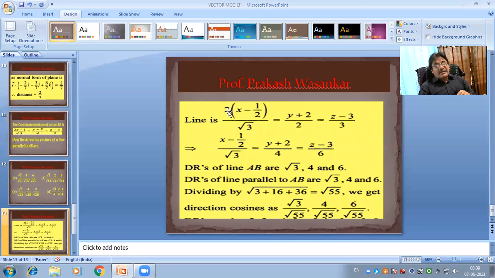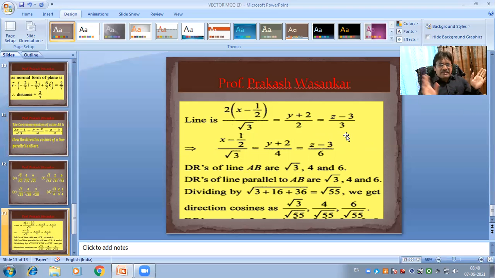This is the given Cartesian equation of the line AB.